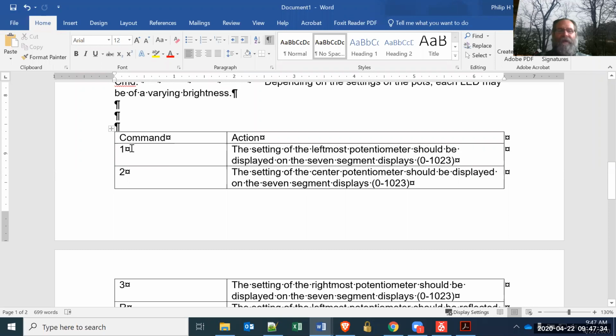If I type a command of 1 in PuTTY, that's going to set the board so the leftmost pot displays a value 0 to 1023. If I type a 2, the display is going to display the value of the center pot, and a 3, it displays the value of the right pot.